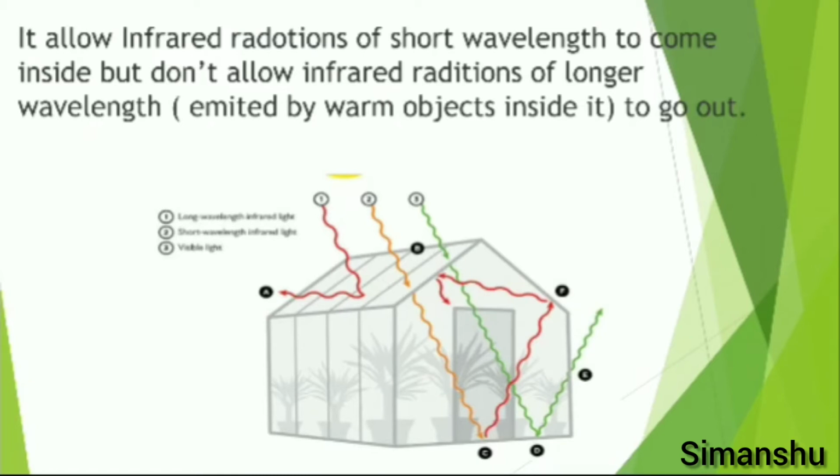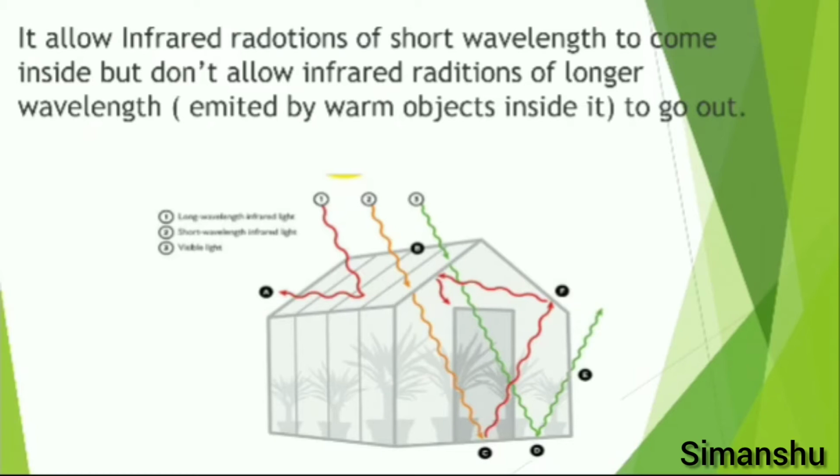What it means is that when it entered the greenhouse it was of short wavelength, but after it was re-emitted by the object after absorption of that heat energy, it became long wavelength infrared light. And this long wavelength infrared light is not able to move out.